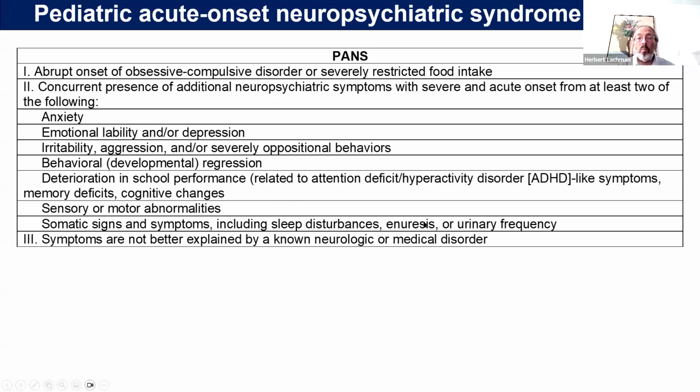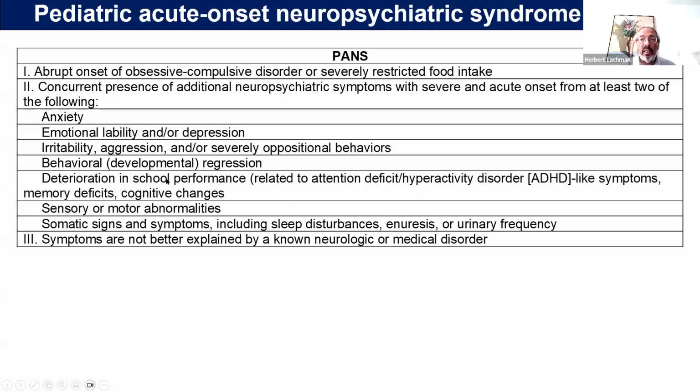They also have some loss of urinary control and increased urinary frequency. And most kids, instead of having 2, which are the minimum criteria for a PANS diagnosis, including the abrupt onset of OCD or restricted eating, they have more than 4 or 5.